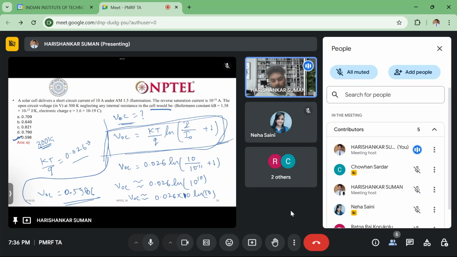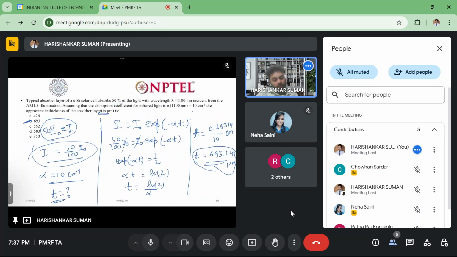Next, the typical absorber layer of a silicon solar cell absorbs 50% of the light with the given wavelength lambda. Assuming that the absorption coefficient alpha for infrared light is given, what is the approximate thickness of the absorber layer?